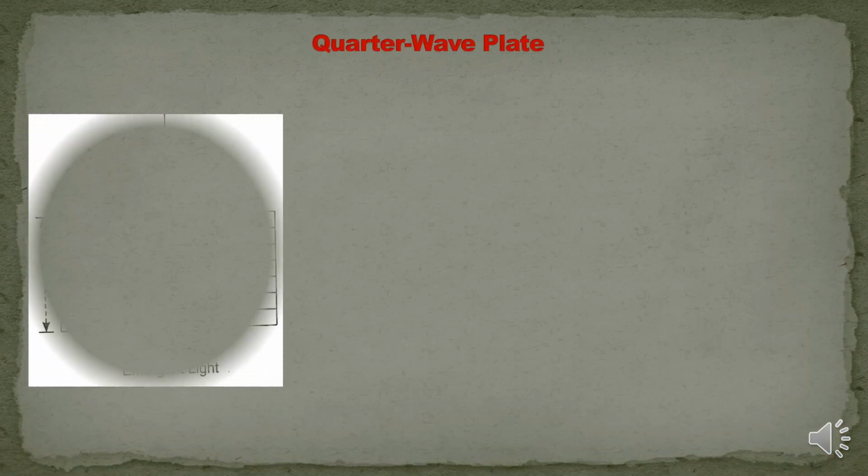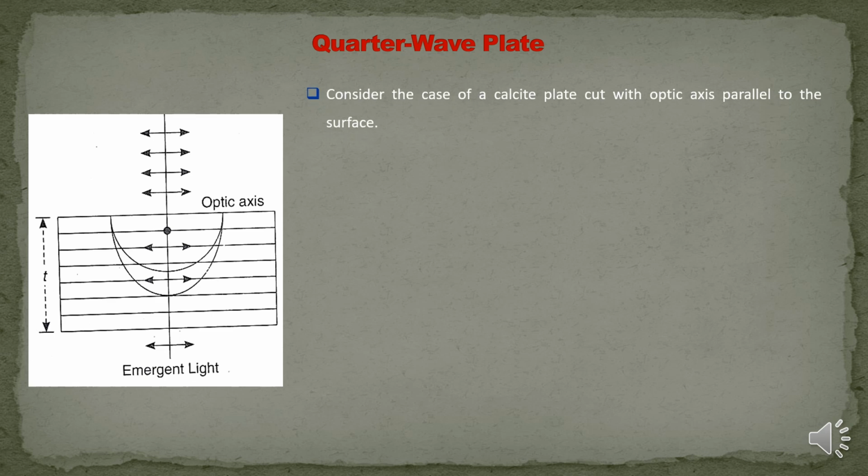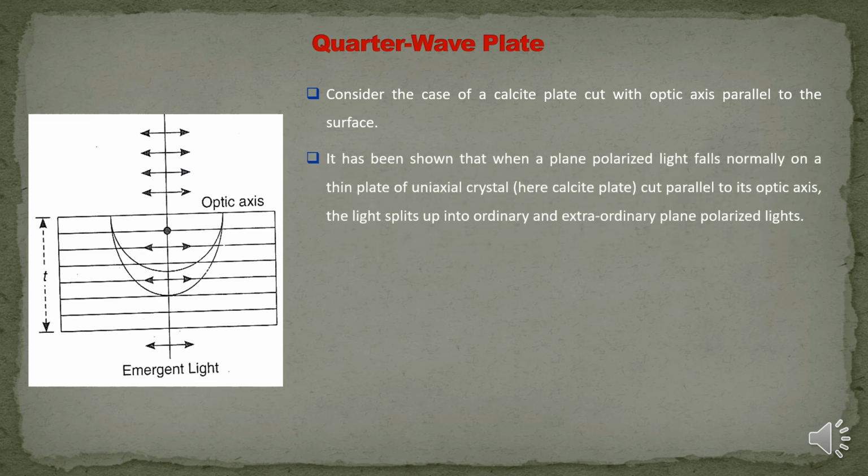Quarter wave plate. Consider the case of a calcite plate cut with optic axis parallel to the surface as shown in the figure. It has been shown that when a plane polarized light falls normally on a thin plate of uniaxial crystal, here calcite crystal is taken, cut parallel to its optic axis, the light splits up into ordinary and extraordinary plane polarized lights as shown in the figure.